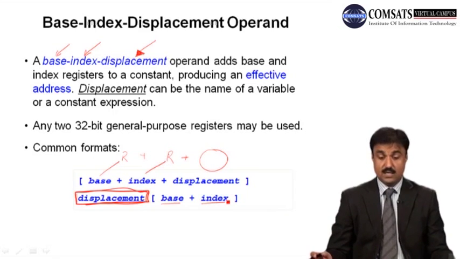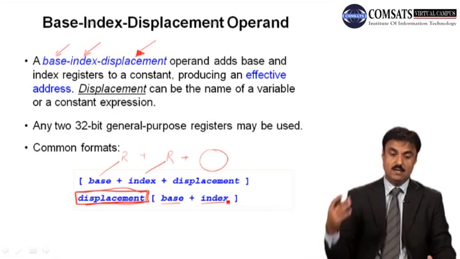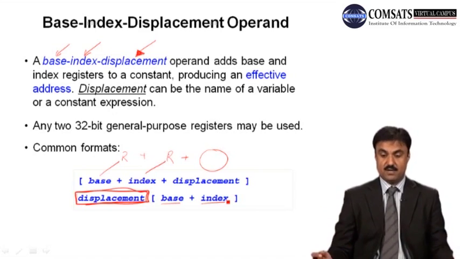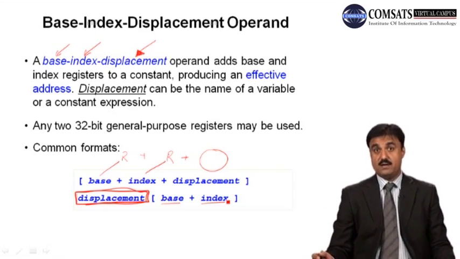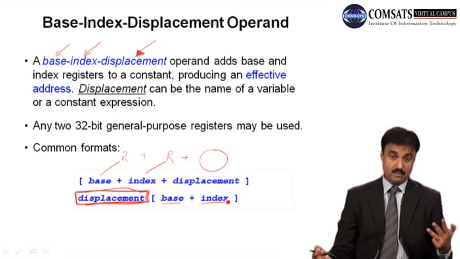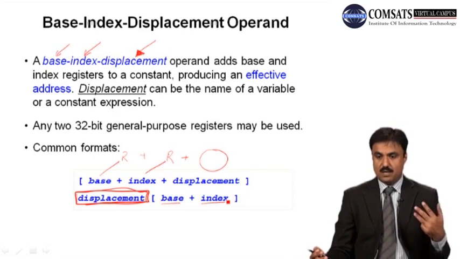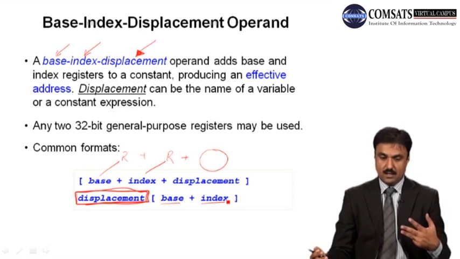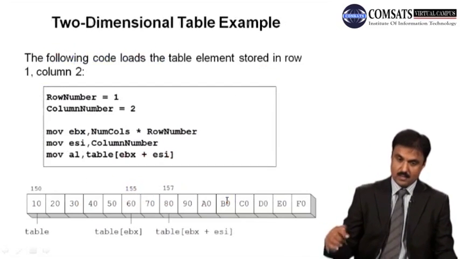So these are the three things we use to calculate the effective address. The effective address is now being calculated from three things: the base value, the index value, and the displacement.